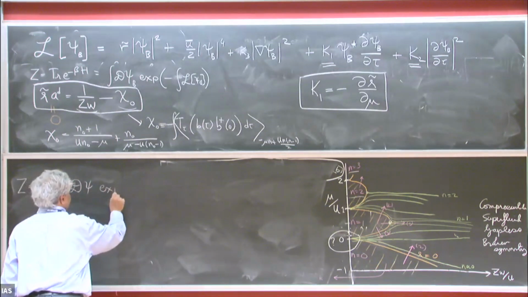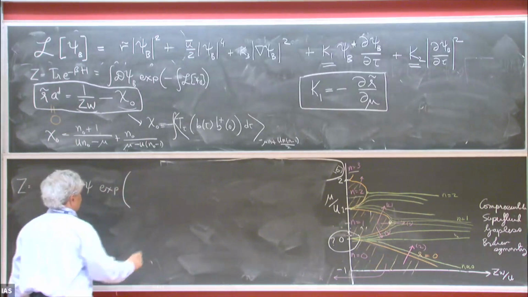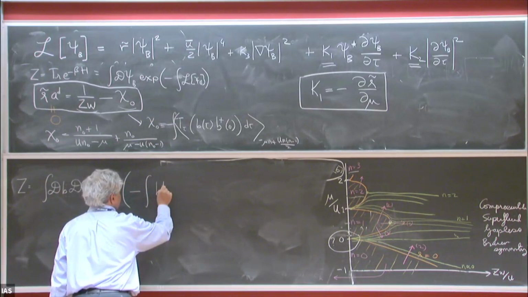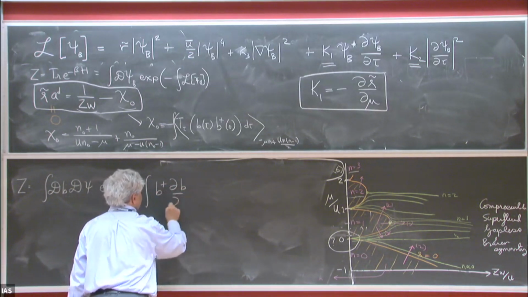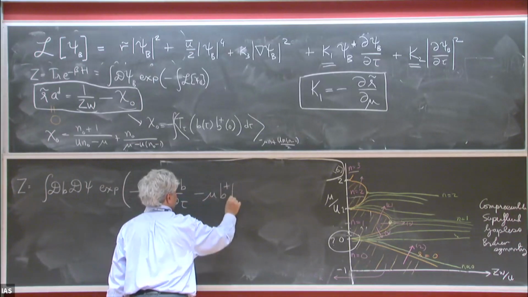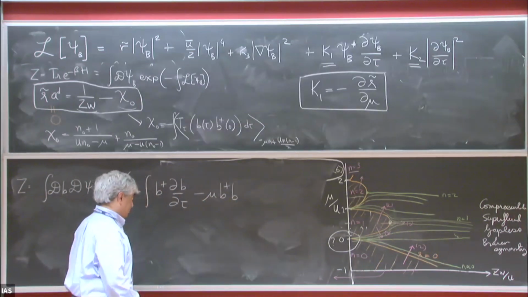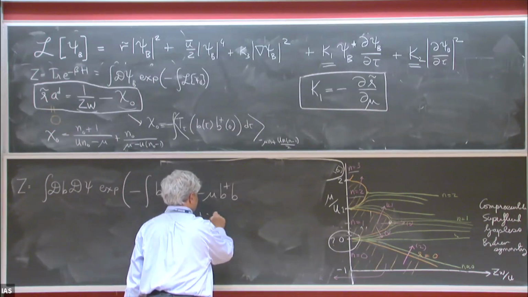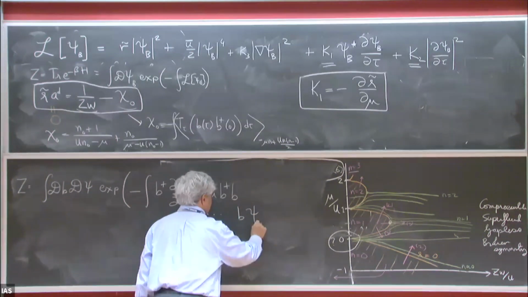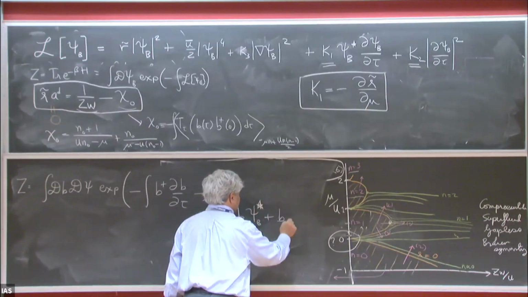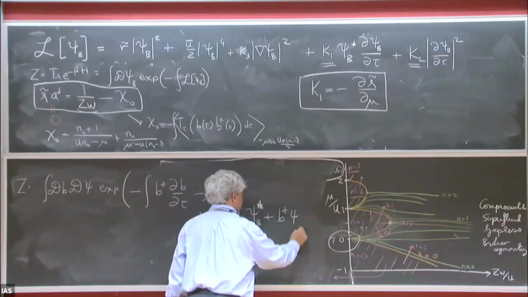Let me be very schematic and only write down the terms that I need. There will be something like b dagger d by d tau, minus mu b dagger b. The chemical potential couples to the density. And you have various terms. And then you have b psi star and b dagger psi. Okay.